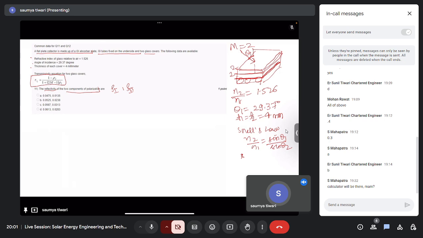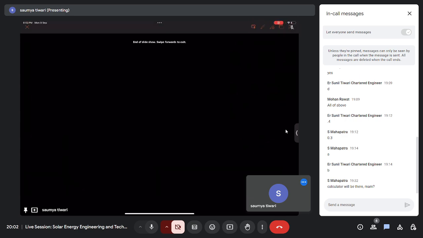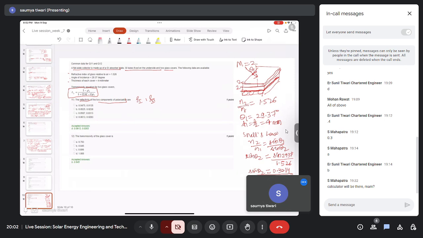If we want to calculate sine theta 2, it will be sine theta 1, which is sine of 29.37, divided by n2 by n1, which is 1.526. If we solve this, sine theta 2 will be 0.3214, and the theta 2 value will be 18.75 degrees. Okay, so now we know the theta 2 value.